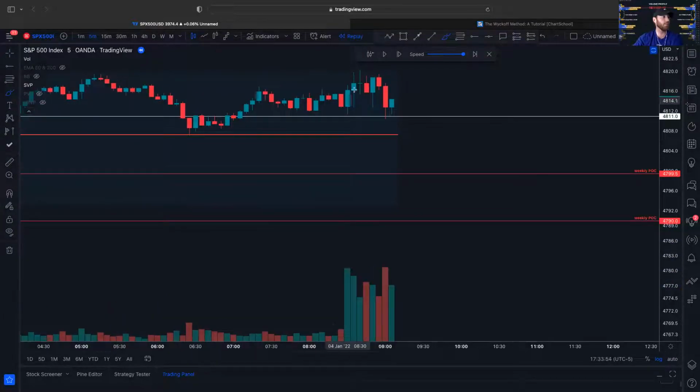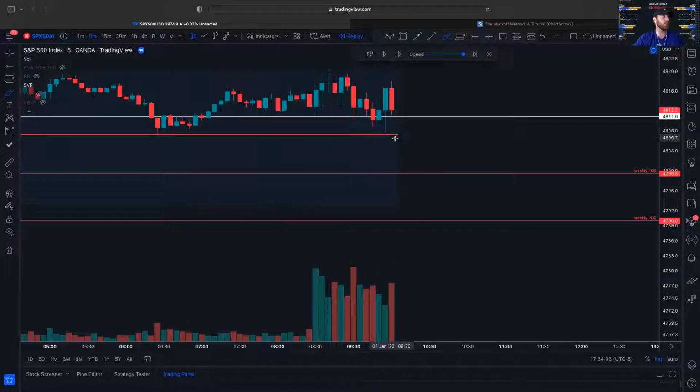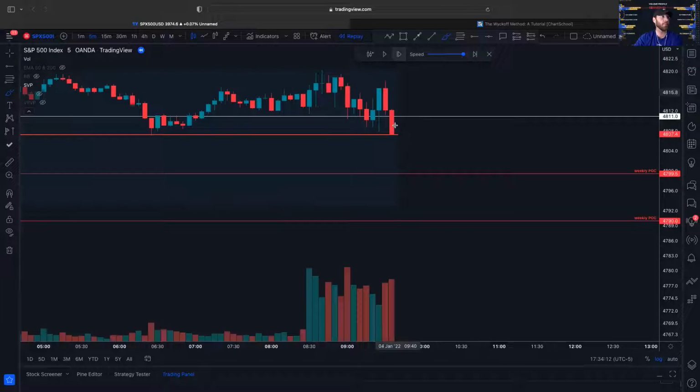Okay, then the open happens. We get all this. This is going to just shred all this volume regardless, but this is money right there. Okay, so this was holding. When this breaks, you pretty much know where it's going next, or it should. And on this type of candle with increasing volume, that's a signal to go.